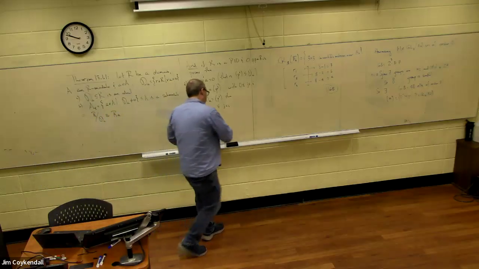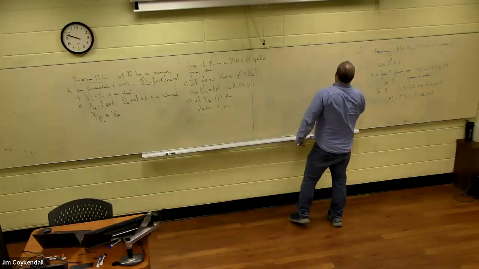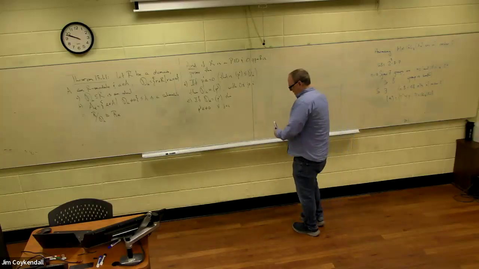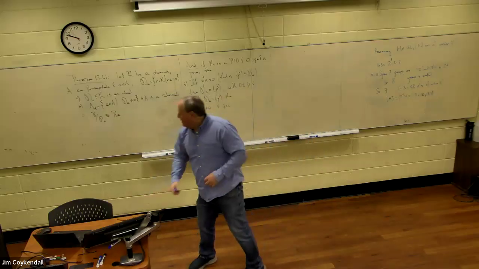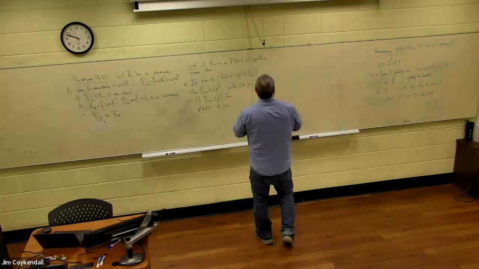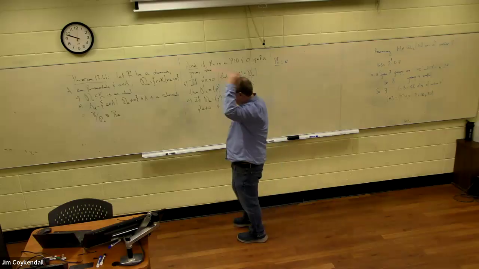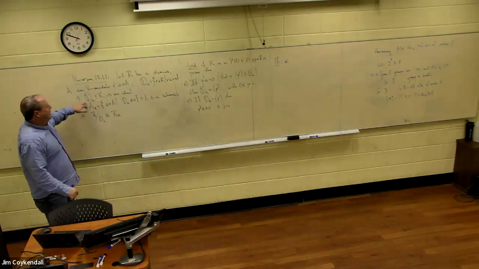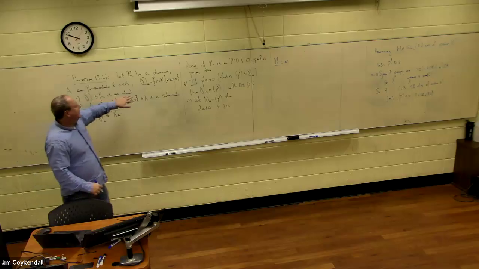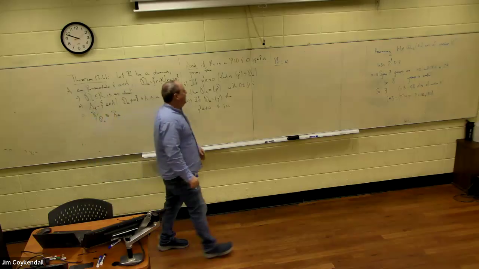Okay, so let's go through the proof of this. A good chunk of this is pretty routine. Proof. Part A. Okay, why is this true? Well, first of all, this is a non-empty set, because zero is in here for sure.